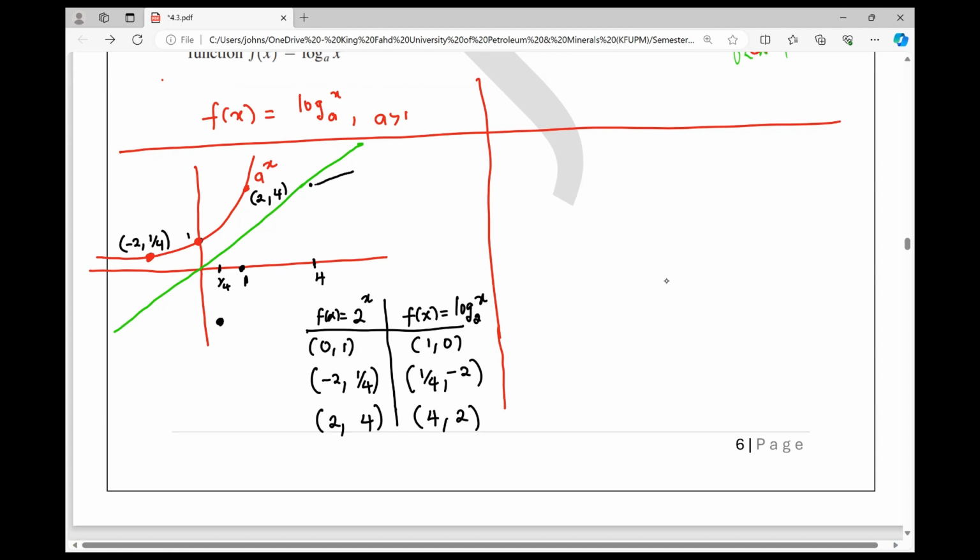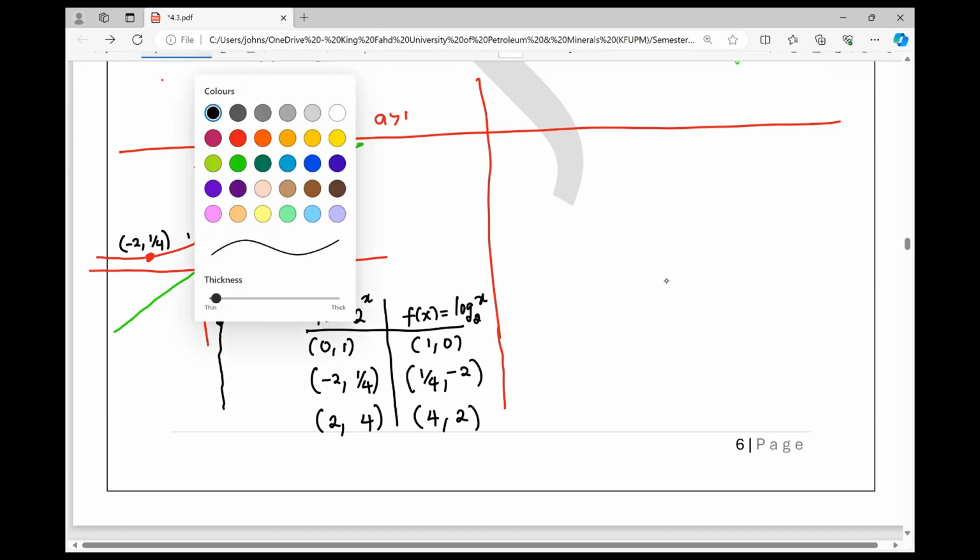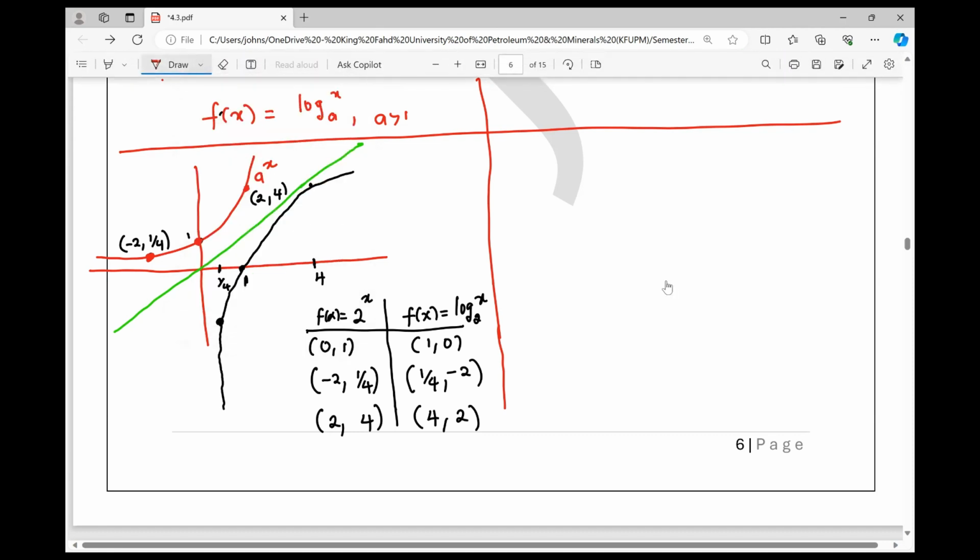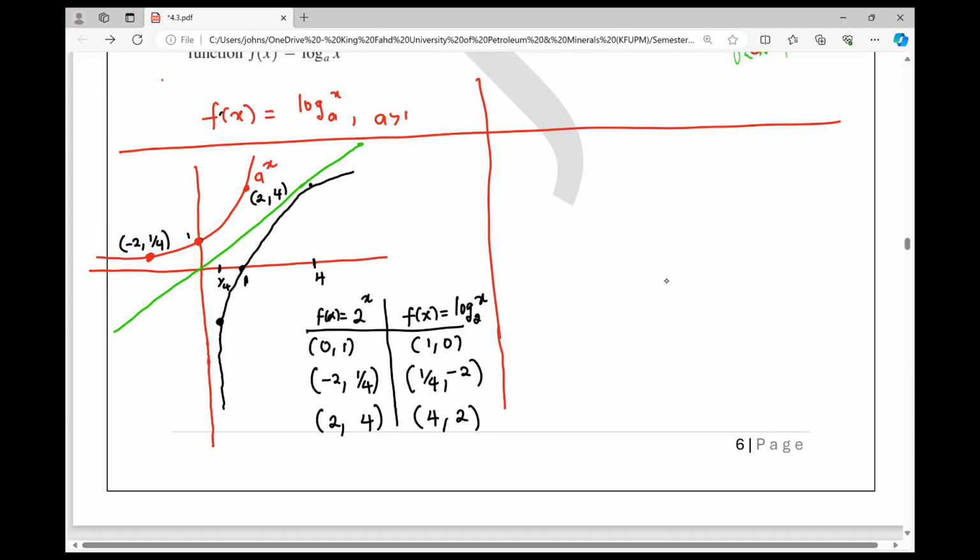This is coming close, and it will keep going down, but it will never cross this line, because that line is our horizontal asymptote. So this black line is the inverse function.